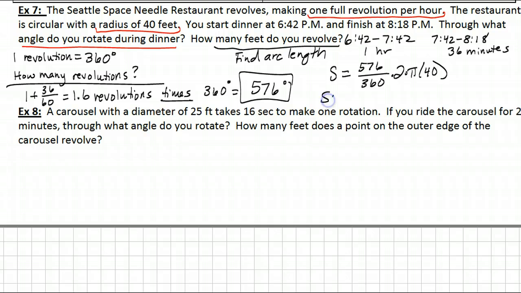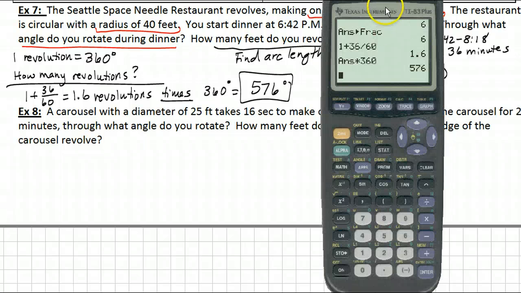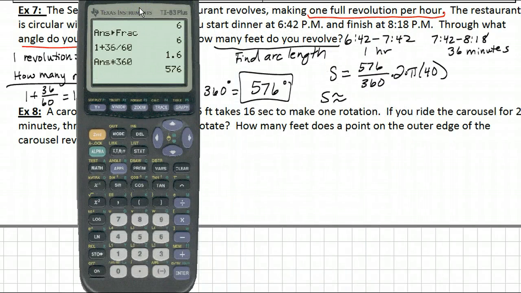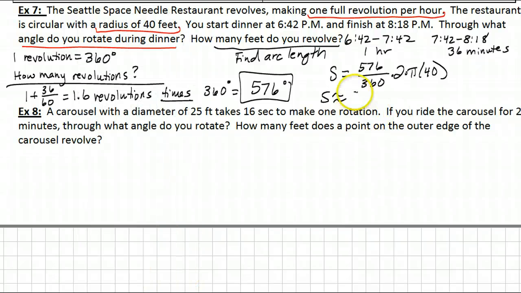When you do these word problems, it's fine if you just type that all into your calculator. We're not going to try to find the exact answer for a word problem. 576 divided by 360 times 2 times pi times 40. So 402.1 feet you rotated while you were eating your dinner.